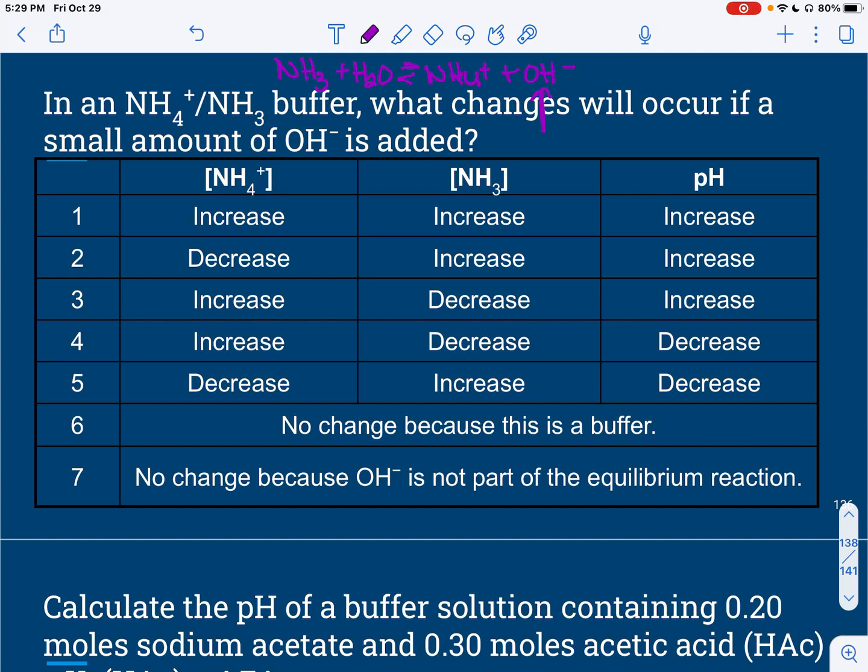So Le Chatelier tells us if we add more of this, it's going to shift this way. So NH4 will decrease. So not this one, not this one, not this one. Not no change, not no change. Okay, so NH4 will decrease, NH3 will increase.